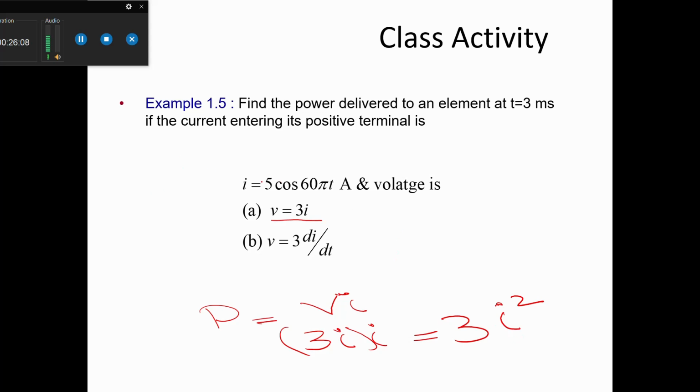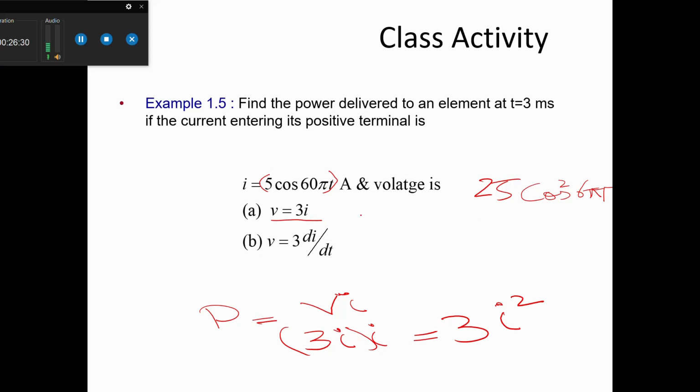So in 3i square, we can take the square, and this becomes approximately 25, and then we have cos square 60 pi t.